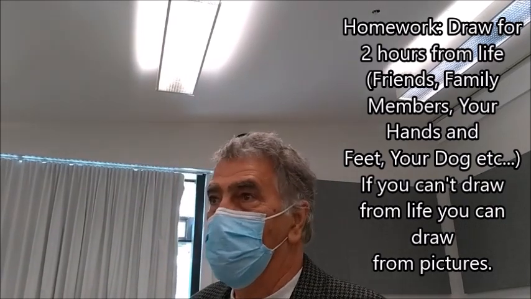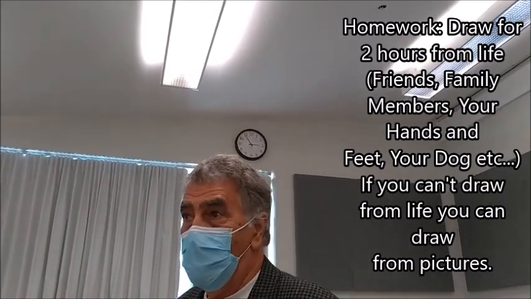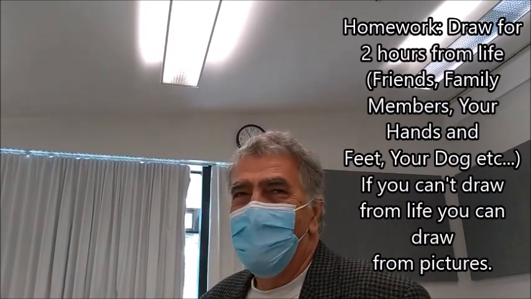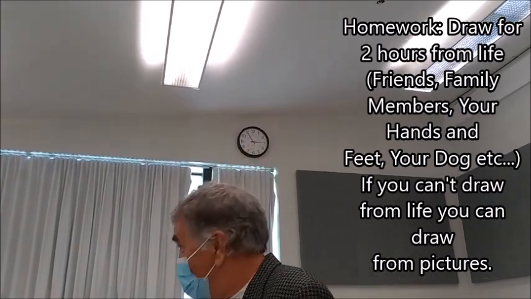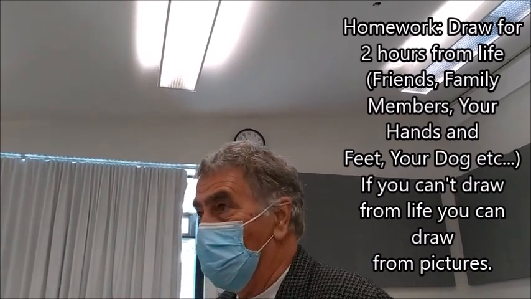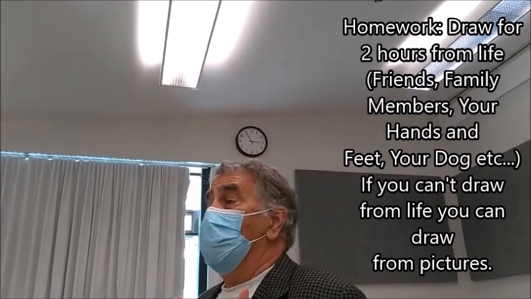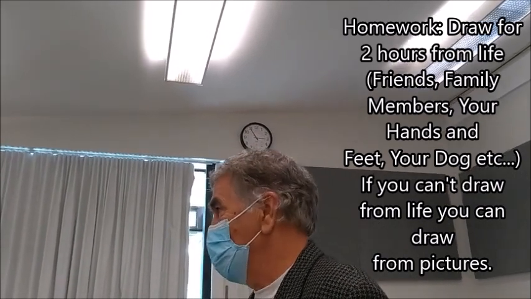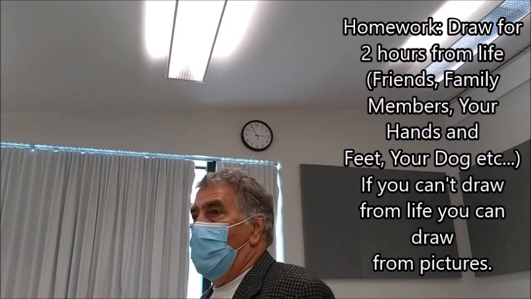We have it back in Iran. I don't know if you have it in Canada. It's called mirror, right? You can look at the mirror and use yourself as a model. You can use your cat, your dog. These are also good.